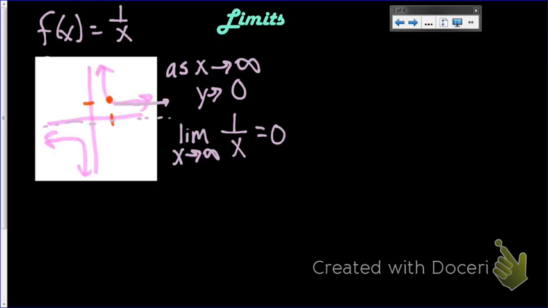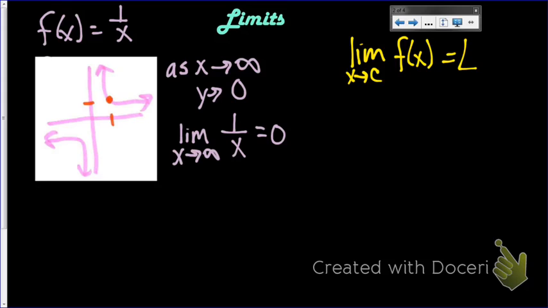So the limit really is: as your x's approach a certain value, what do your y values approach as well? In the general format you'll see a limit is something like this, where you'll have the limit as x approaches some value of some function in terms of x, and that's going to equal that limit.